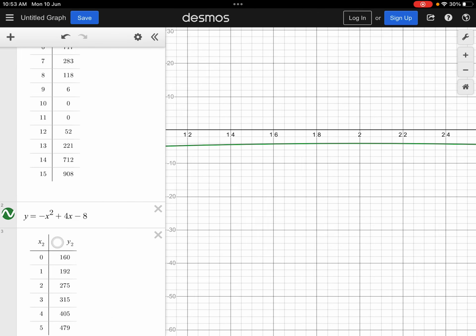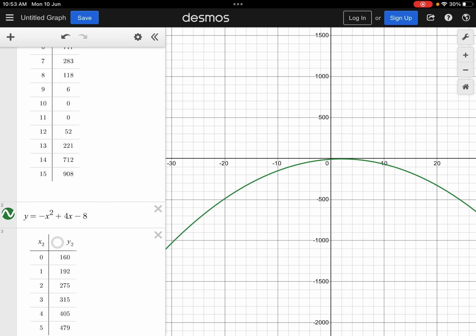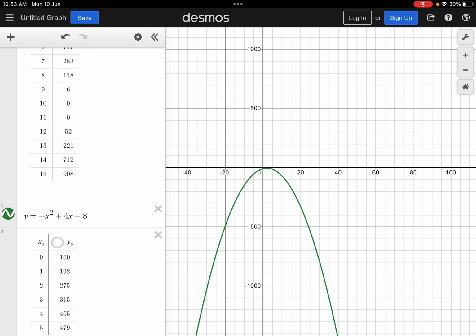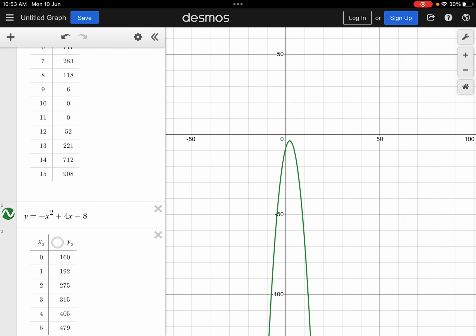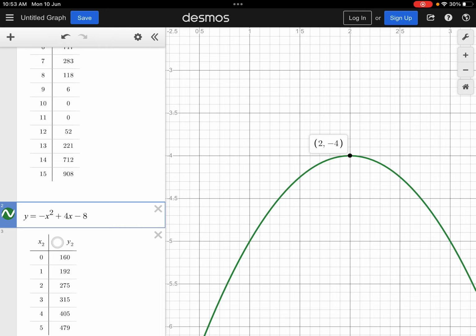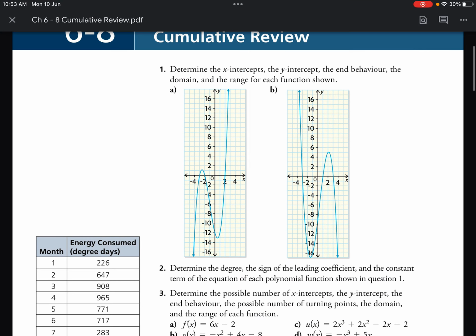Oh, there we go. What's our maximum? Yeah. So at a turning point, our maximum is going to be negative 4. So the answer got that wrong.